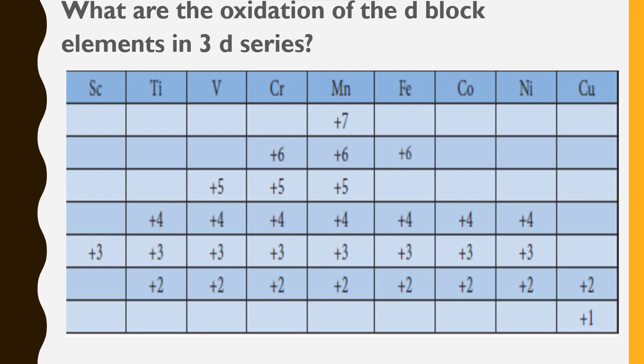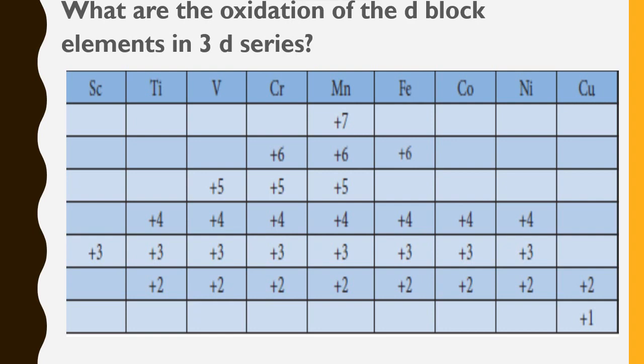Titanium: plus 2, plus 3, plus 4 are possible. Vanadium: plus 2, plus 3, plus 4, plus 5 are possible. Chromium: plus 2 to plus 6. Likewise manganese: plus 2 to plus 7. Lowest oxidation state plus 2, highest oxidation state plus 7.